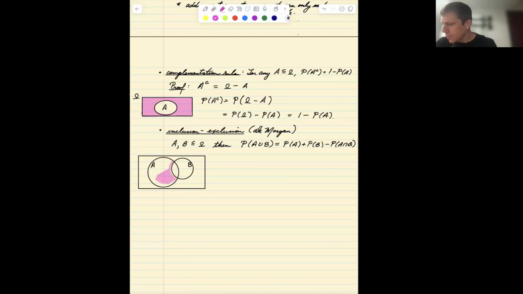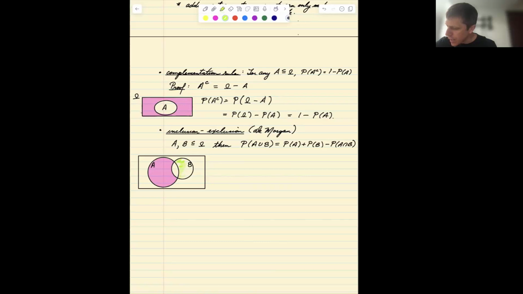All right, so what are we trying to think about here? A union B does not say anything about whether or not A and B are disjoint. There are no assumptions about that. So we have to keep in mind that there might be overlap, and we have to account for that overlap when we add up probabilities.